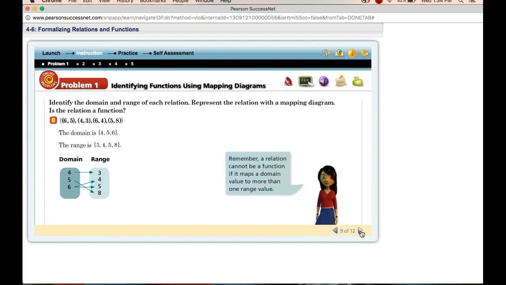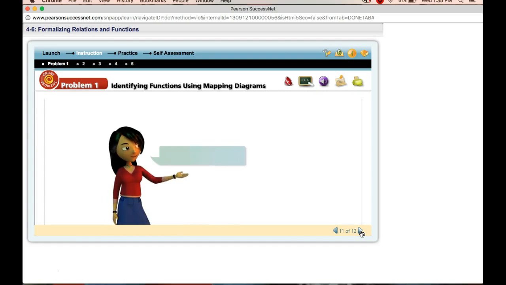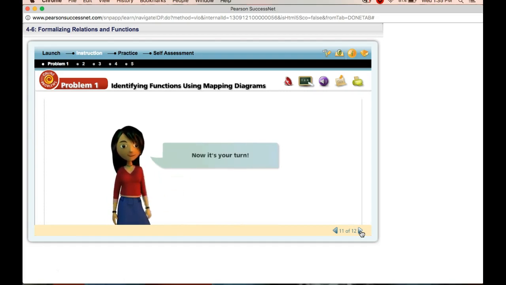Remember, a relation cannot be a function if it maps a domain value to more than one range value. The domain value 6 is mapped to two range values, so the relation is not a function. Now it's your turn.